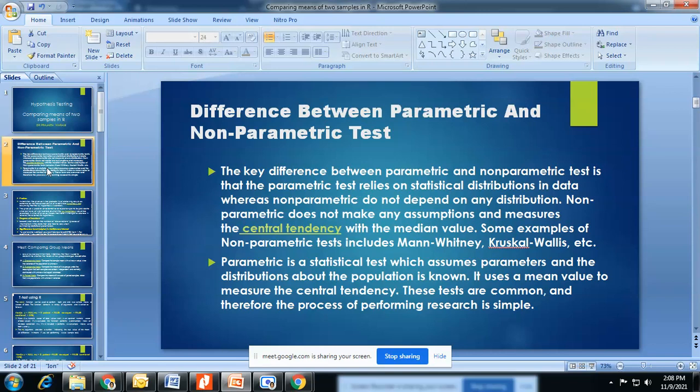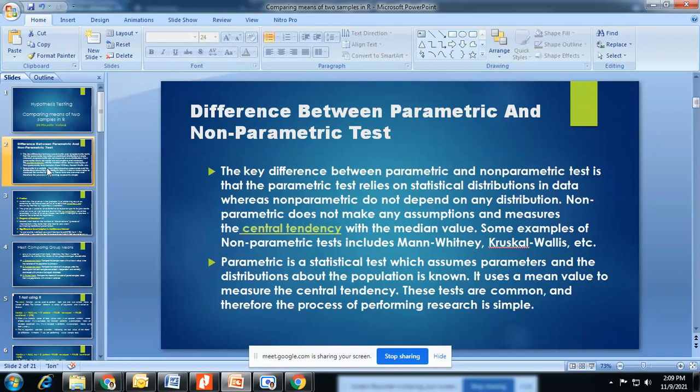Such type of statistical distribution or data is necessary to perform the parametric test, whereas non-parametric test does not depend on any type of distribution. Non-parametric does not make any assumptions and measures the mean, median, central tendency. Mean, median, mode are nothing but called as central tendencies. In non-parametric test you do not make any assumptions, whereas in parametric you may make certain assumptions related to your data or your study.